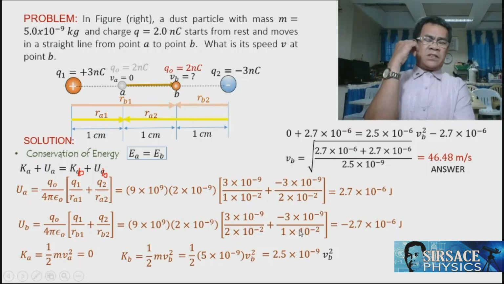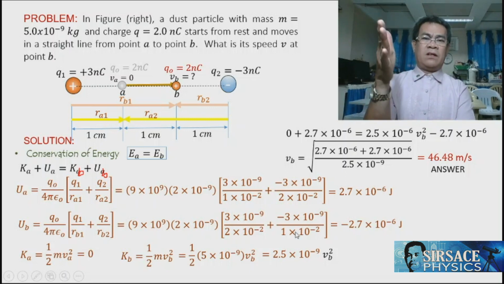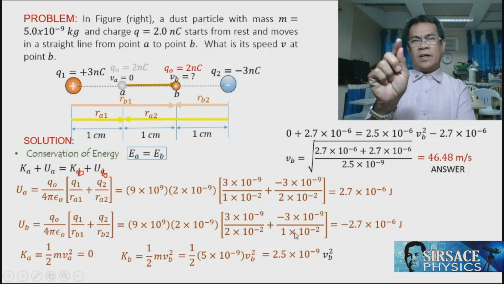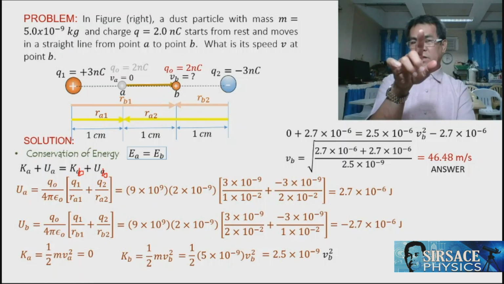Okay, so to have a summary, in this topic, take note that we are providing the formula for the energy for a single charge. So, the definition is 1 over 4 pi permittivity, the source charge or the stationary, multiplied by the moving, divided by the distance.